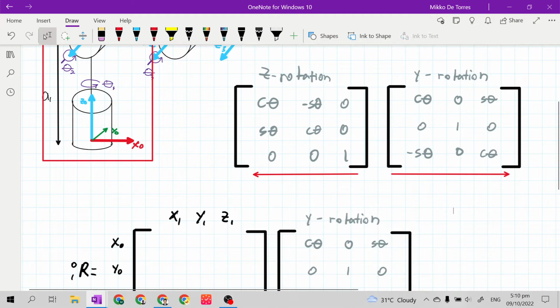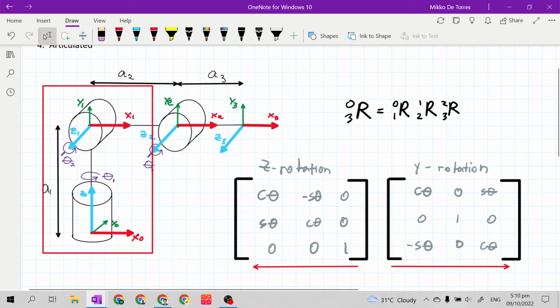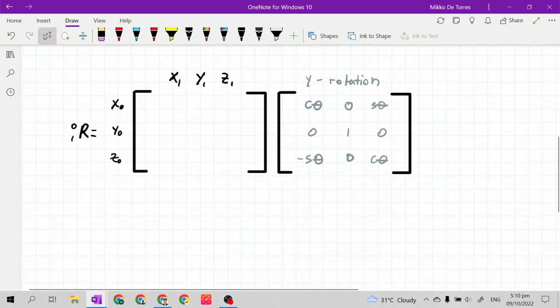I will derive the stationary matrix based on the directions of the axes at frame 1. It will form this stationary rotation matrix.